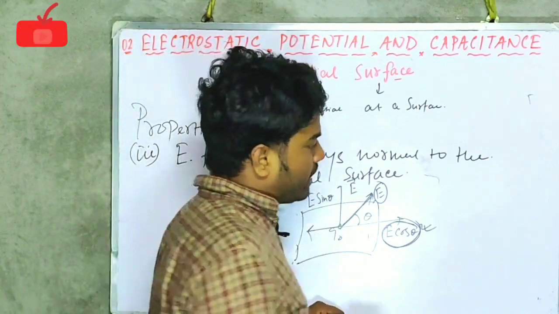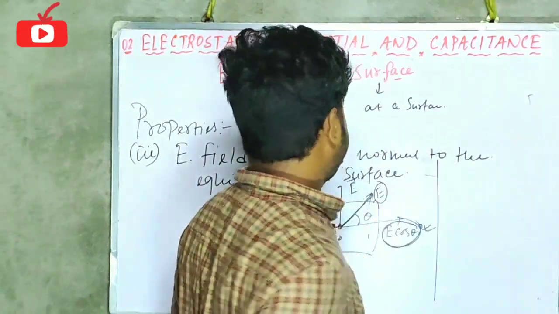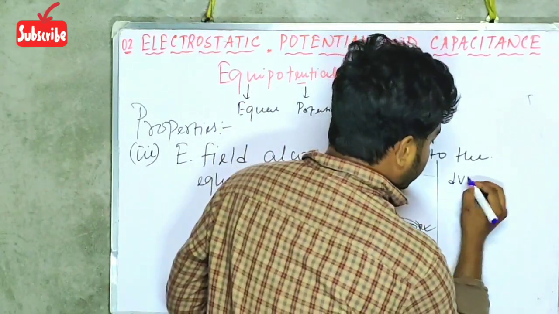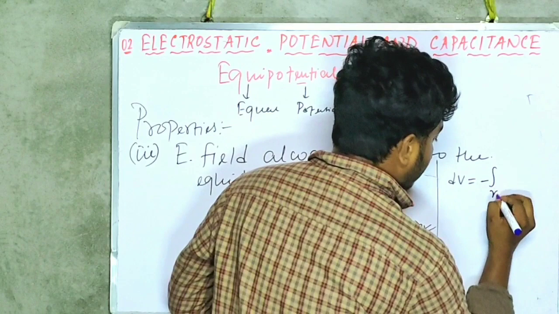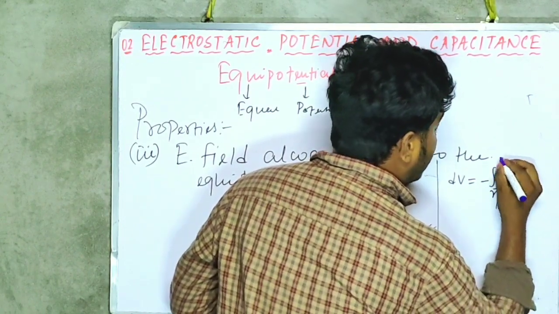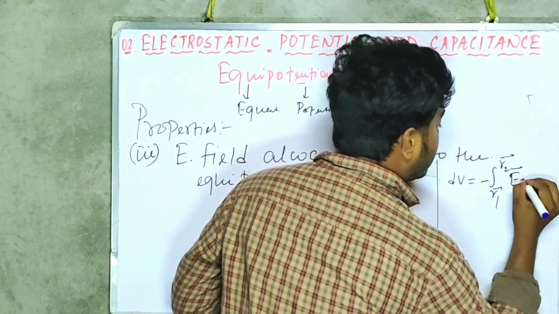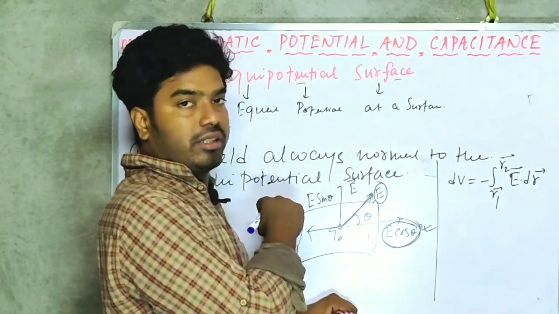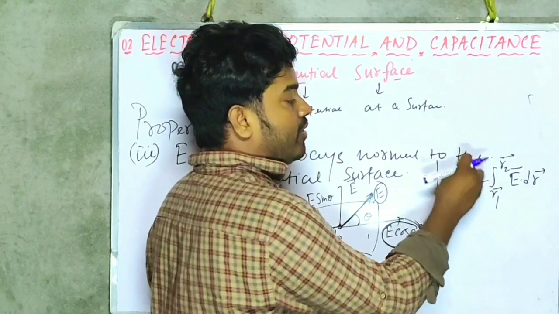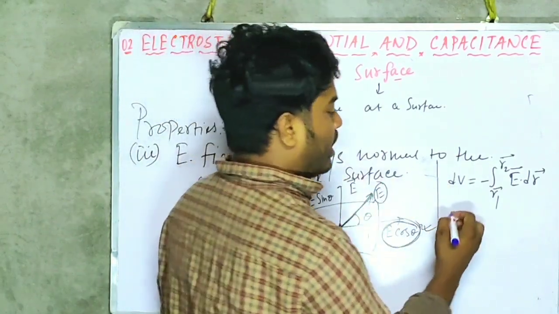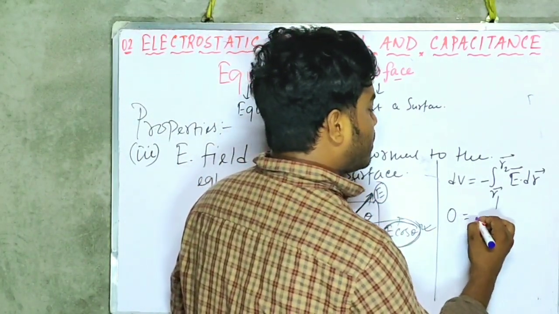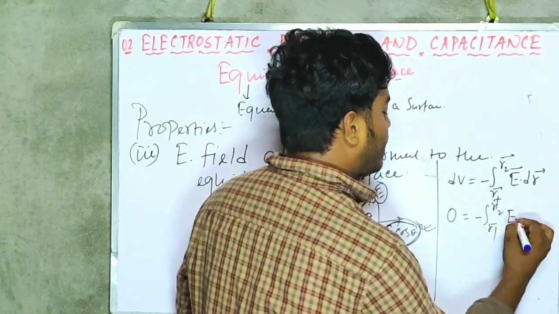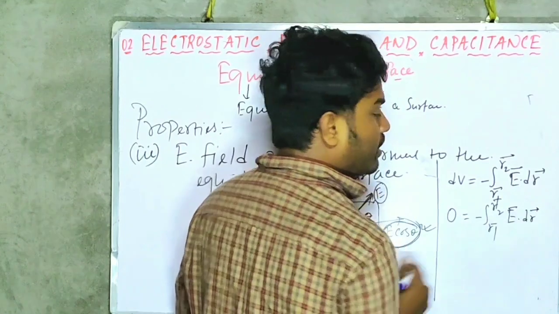There is another reason. You know the potential difference formula: dV is equal to minus integral from r1 to r2 of E vector dot dr vector. And over an equipotential surface, what is the value of dV? dV represents the potential difference, so the value of dV is 0, that is minus integral r1 to r2 of E dot dr is equal to 0.